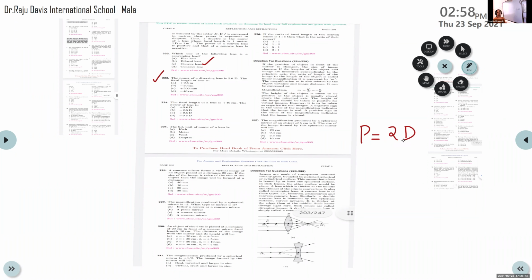What about the focal length of the lens? Melvin, what is the equation for calculating focal length? Relation between power and focal length. Yes, P equal to 1 by F.